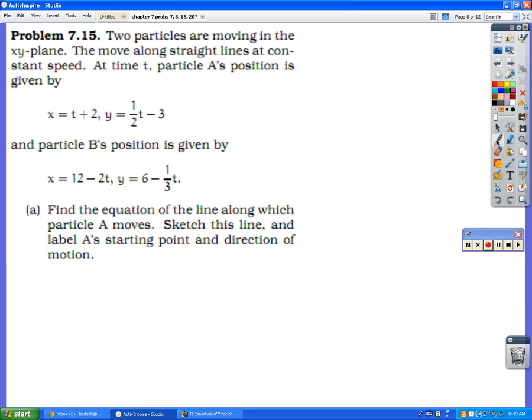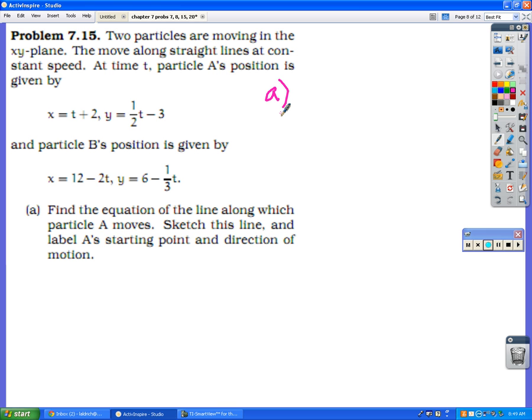So, do you remember how to do this? Well, that's how we got these things right here. So now we're going backwards, okay? And in order to go backwards and find the equation for a line, we just need 2 points. So I'm going to plug in some values for t to give us an x and a y, and then use those points to come up with an equation for a line.